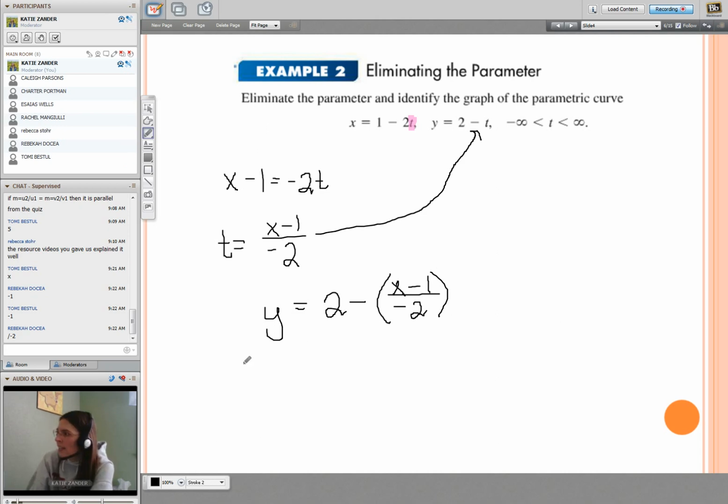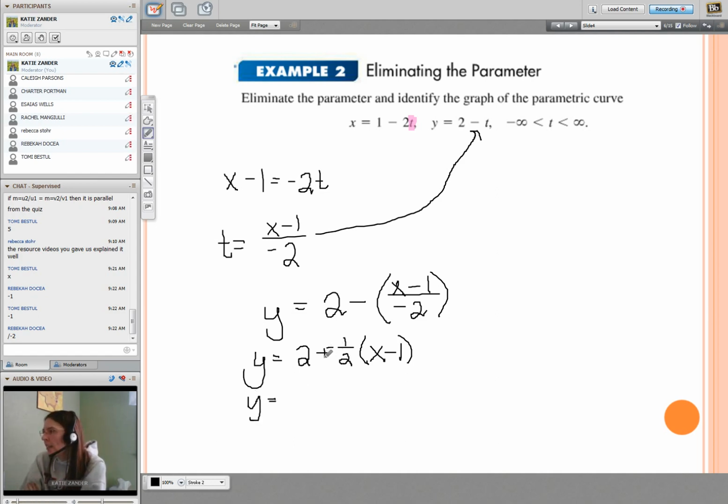Technically, if we can leave our answer just like that, that's fine. But I'm going to take out the -1/2 from the denominator. And maybe we can even simplify that a bit further. So if I take out the -1/2, we'll go ahead and put in a +1/2 there, right? And that's what we're going to distribute through the parentheses.